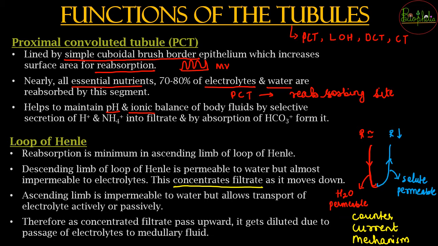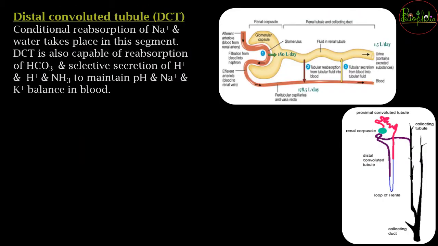So now let's move to the next part, that is going to be about the DCT. So DCT is going to have the conditional reabsorption, यानी यहाँ पे कुछ ही चीजें ऐसी absorb होंगी that is needed for some maintenance purpose.